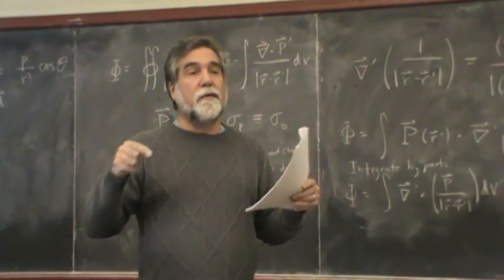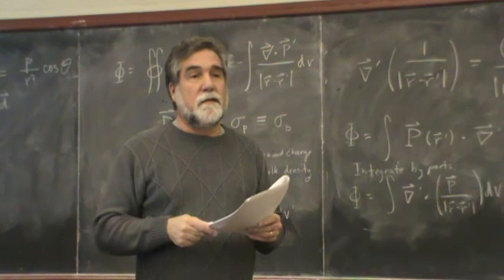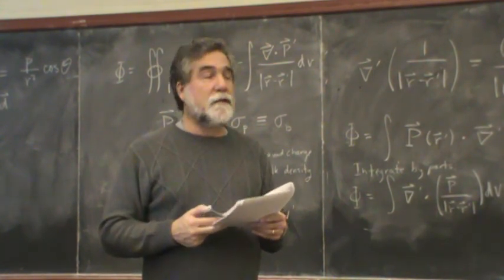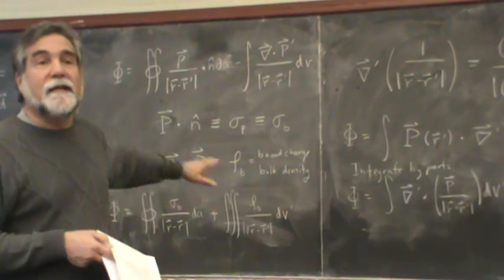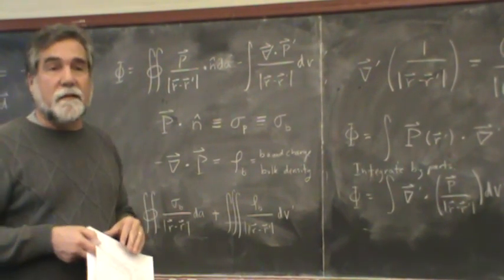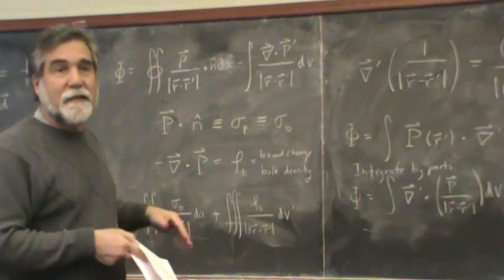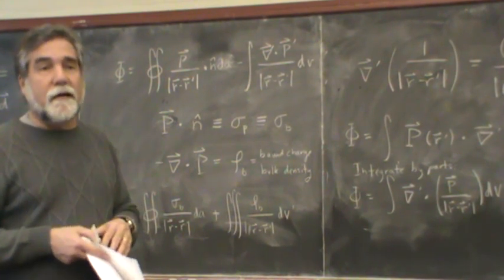When you work your way through and you start with the potential, you end up with a minus sign. Minus del squared is the charge density. So we want it to look similar. The only thing that's missing here actually is the 4 pi. And unfortunately it's missing from the way that we did this. We could have defined it with a 4 pi. And it will show up on the next page.